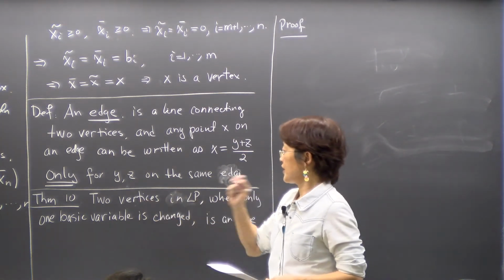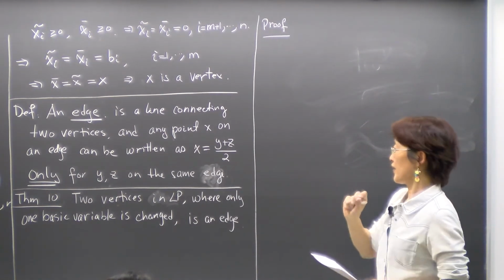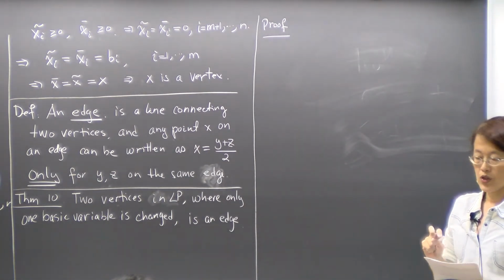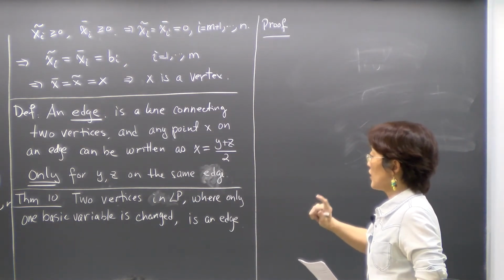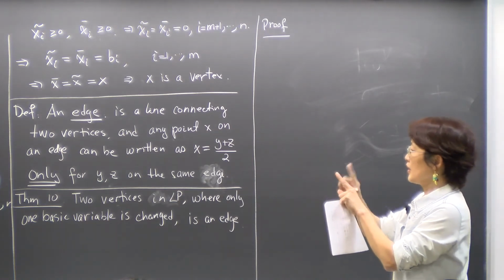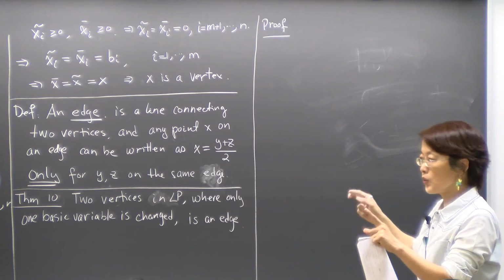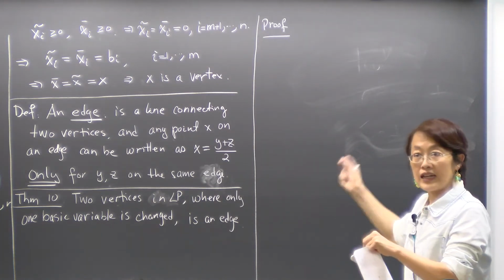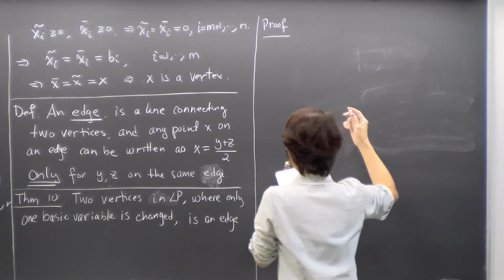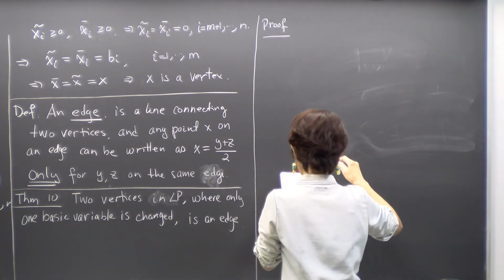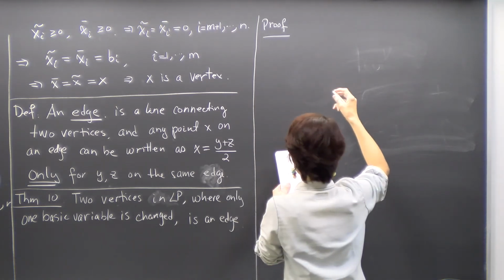So I have two vertices in my linear programming problem where only one basic variable is changed. So again, I can rearrange indices such that for one solution, the basic variables are the first m, and for the other one, I take one out and add one in. Okay, so it's general. I did not lose any generality by assuming that.